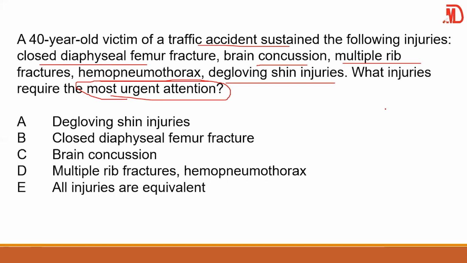And of course, the rib fractures and the pneumothorax. That should be the major thing we need to be looking at. Because the lungs before the heart, then perhaps we can think of the brain.